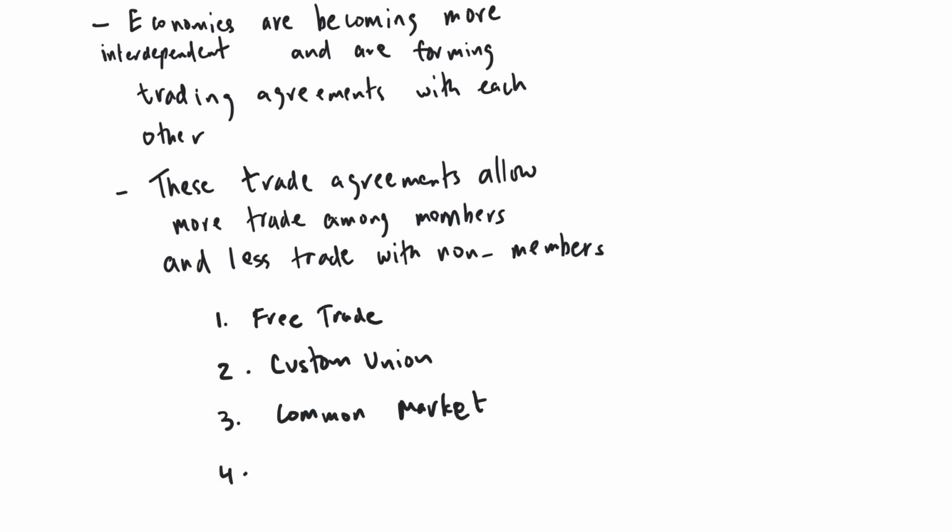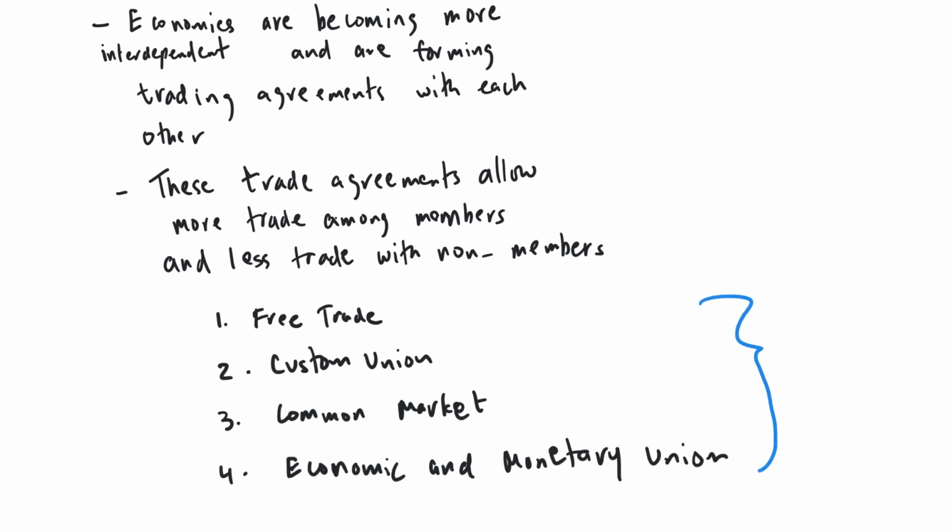And the last one is what we call economic and monetary union. So these are the four forms. We can also call them four degrees of integration, because as you move from here to here, the integration is becoming stronger and stronger.